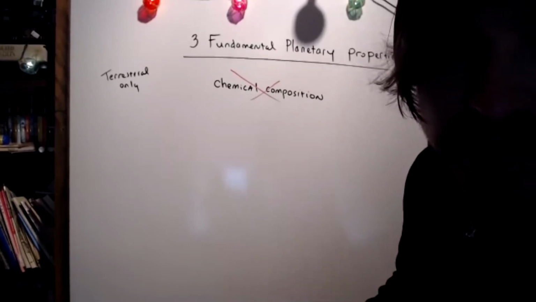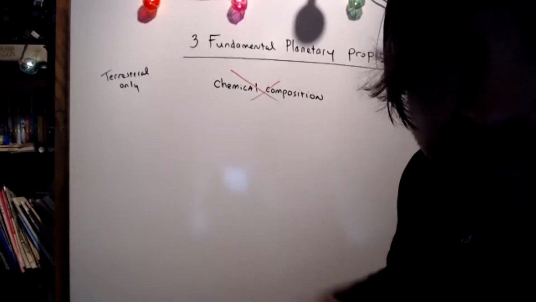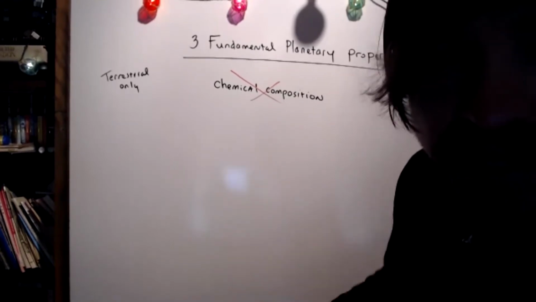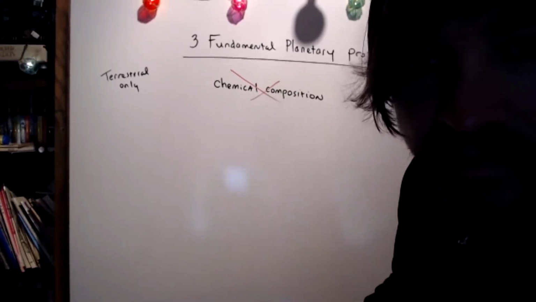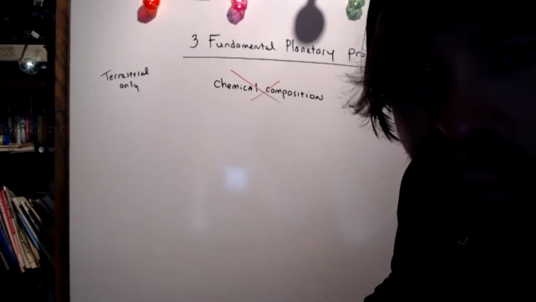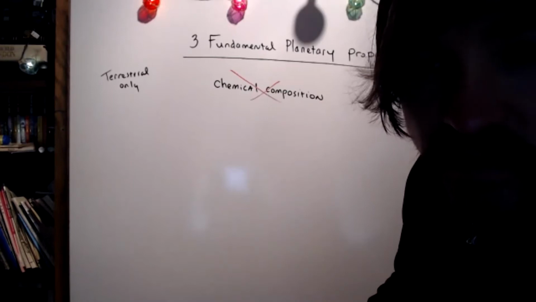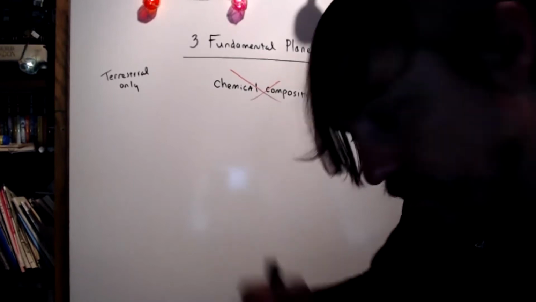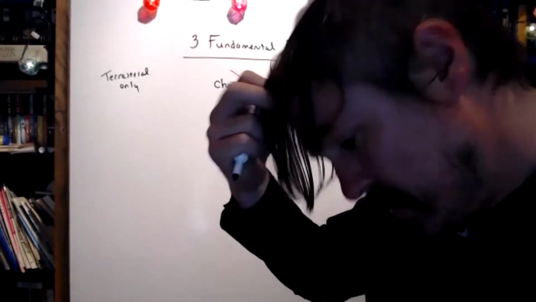And what would you guys say terrestrial planets are made out of? If a terrestrial planet was a cocktail, what ingredients would go into it? Hydrogen. False. Completely false. What do you mean by that? I mean like a martini is made from vodka and vermouth or something, right?